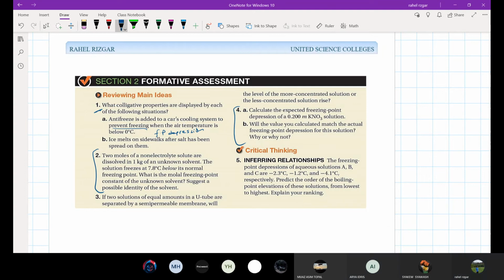B. Ice melts on sidewalks after salt has been spread on them. Again, we don't want the ice or the snow to be frozen. We want it to be unfrozen, it doesn't freeze at 0 Celsius. So it's again freezing point depression.